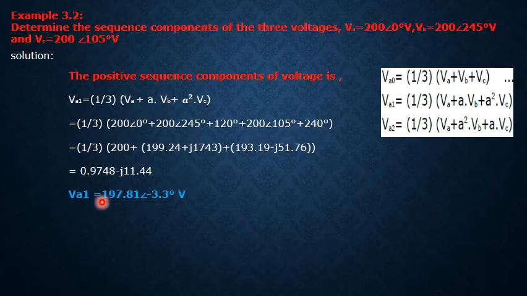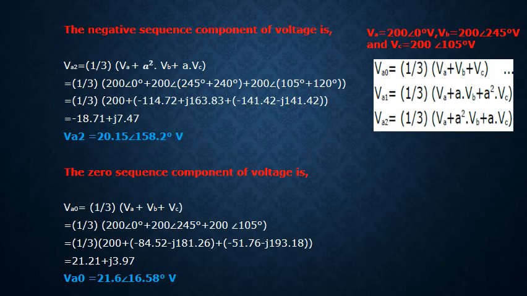If you further simplify these values, you are going to get the positive sequence component voltage as this much. Is it clear?